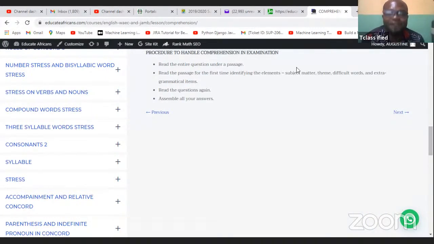After reading, identify the subject matter, the storyline; the theme, which is the main lesson; and the difficult words, I mean the jargons and particular lexicons used in that passage; then the extra grammatical items. After that, answer the three, four or five questions that follow.